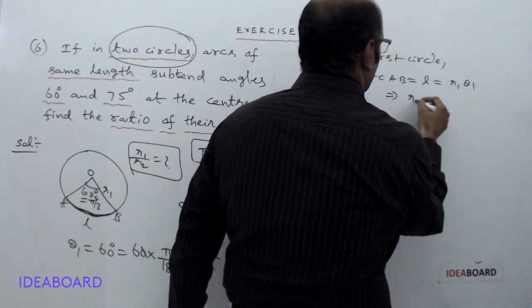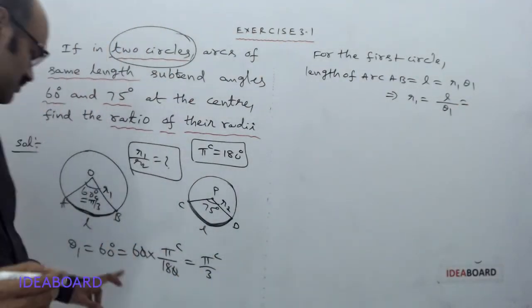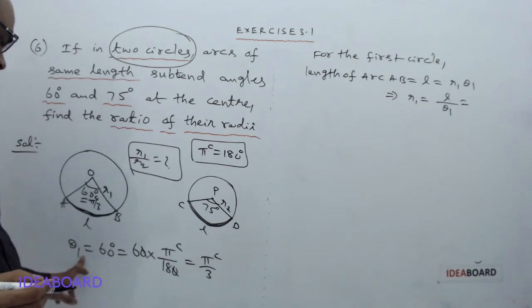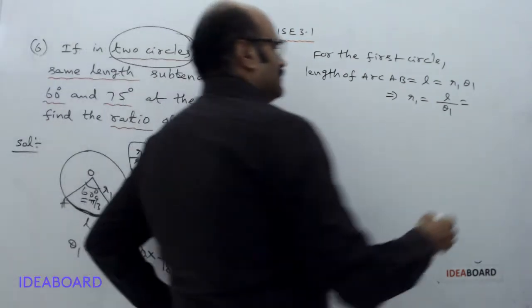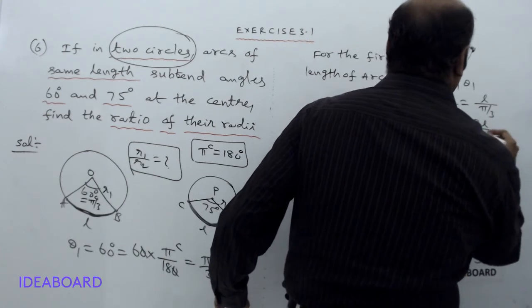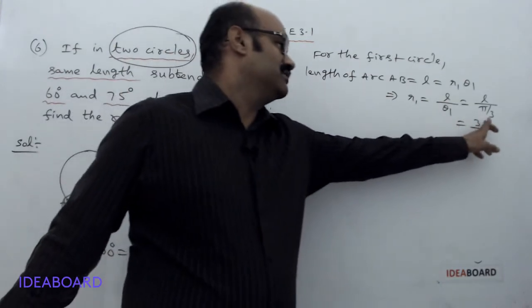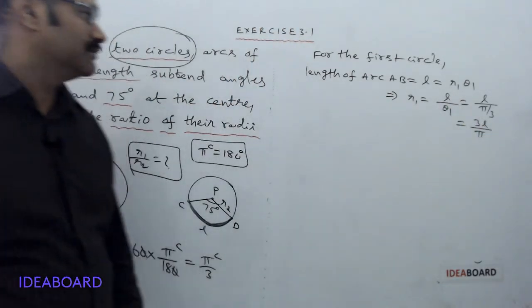So r1 equal to L by theta 1. Now here L by theta 1, L by pi by 3 equal to 3L by pi. So R1 equal to 3L by pi radians.